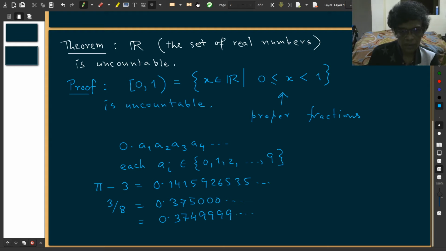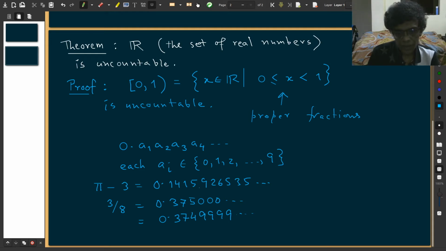Whatever, given any such convention of arbitrarily choosing between this and this, we can say that each element in this range, 0 less than or equal to x less than 1, has a unique decimal representation, something like this. There are cases where there are two representations, but you pick just one, maybe the terminating one.